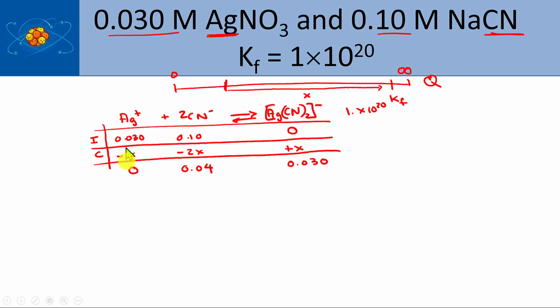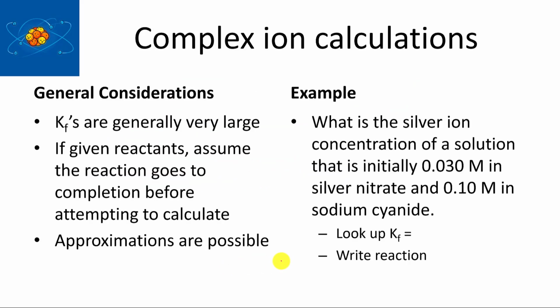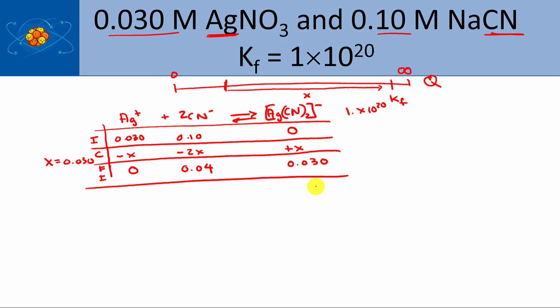Then all I did was take X, I just assumed that X is equal to 0.030, and then I subtracted 2X, which is 0.06, and it left me with 0.04, but I also have to put a concentration for the CN minus over here. So this is my new initial. This was a final for the top, but now it's my new initial. I'll start my second ICE table.